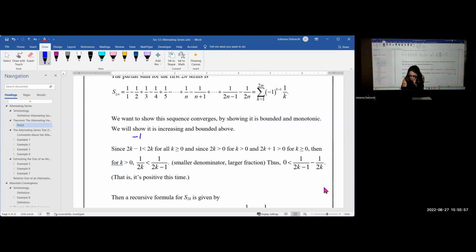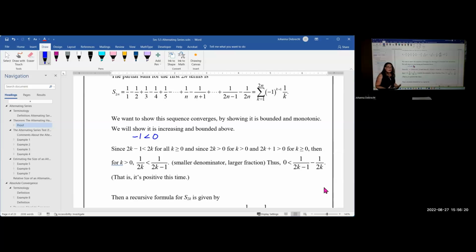That's the true statement that we're starting at. Negative 1 is less than 0. Adding 2k to both sides still makes it true. So that's definitely true. Now, can I divide by 2k minus 1? Well, as long as k starts at 1, from 1 to infinity, then 2k minus 1 will be strictly positive.